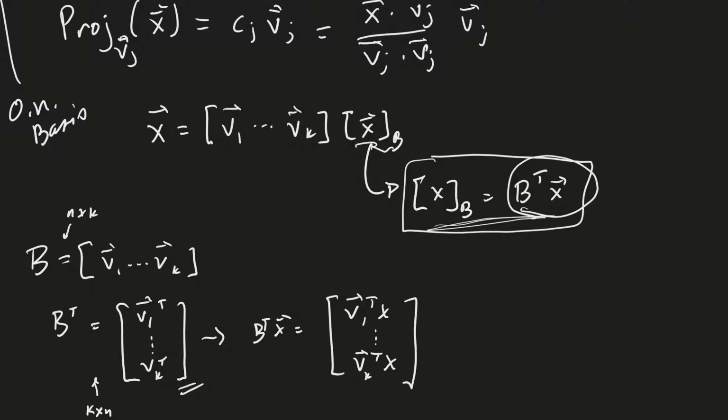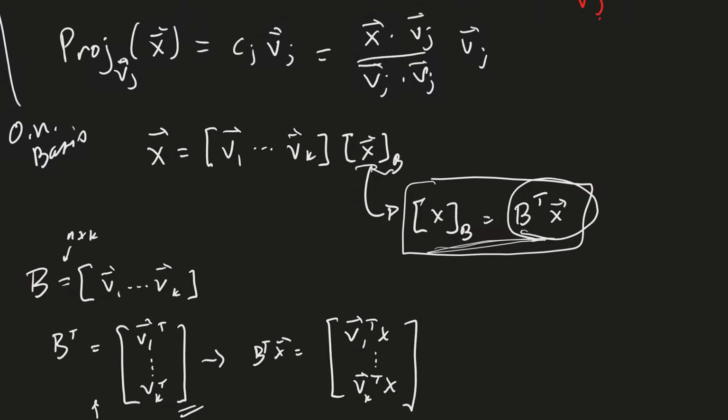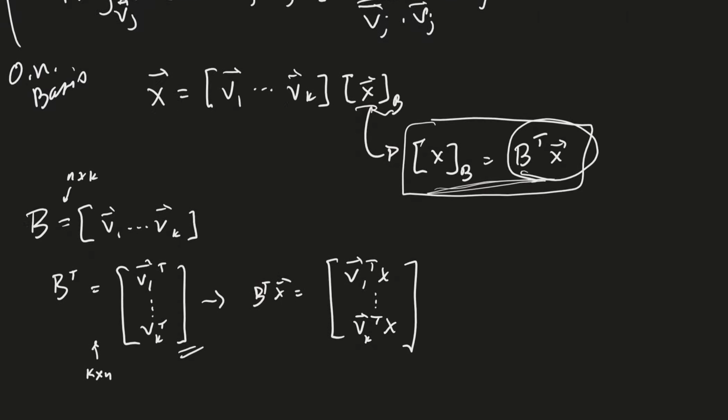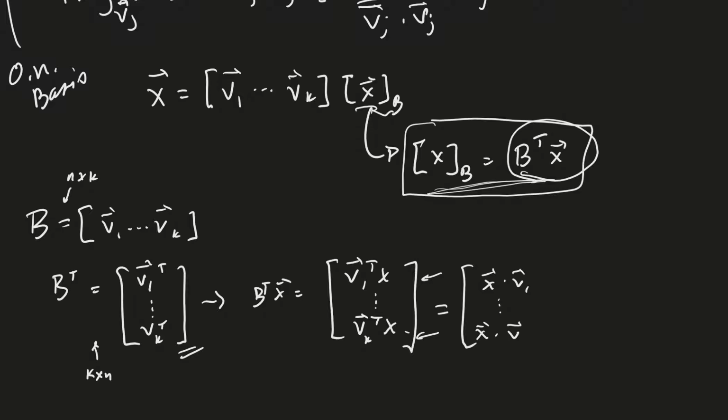And from what we saw over here, we said that c sub j is x dot vj. And what you see here is that this is x dot v1, and this is x dot vk. Good. And so that is a vector of our coordinates.